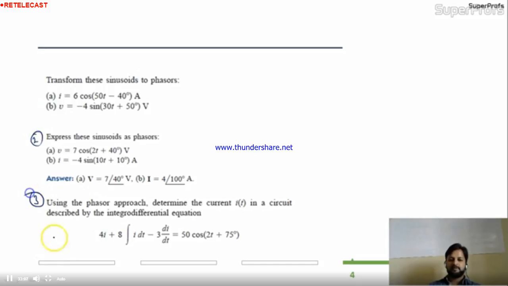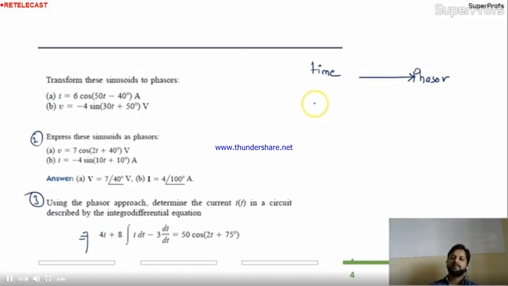Come to the third one. Using the phasor approach, determine the current i(t) in the circuit described by this equation. I have to find i(t) by the phasor approach, right? The phasor domain is nothing but the frequency domain, correct? One is time domain, and we are converting the time domain into the frequency domain, like a transform.